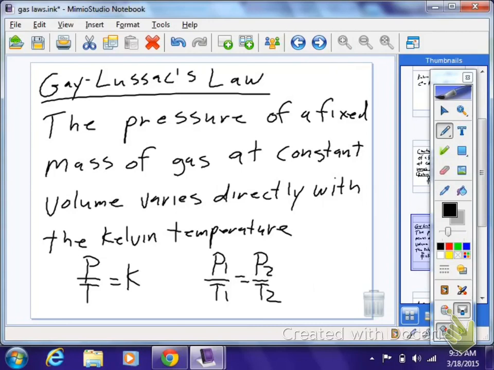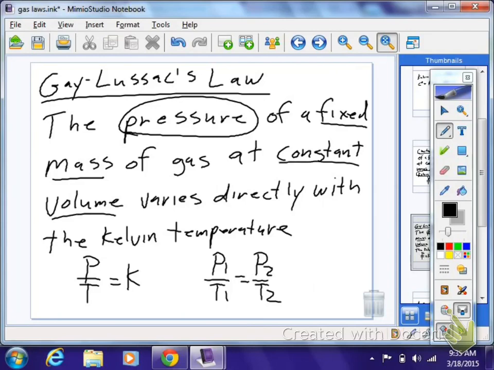This one says the pressure of a fixed mass, which means we don't change how much gas we have, and we also don't change the volume, is going to vary directly with the Kelvin temperature, which means they're going to change in the same way, just like volume and temperature do. So that's Gay-Lussac's law. Again, there's two things we have to keep the same throughout the experiment if we're going to compare those two variables, pressure and temperature.